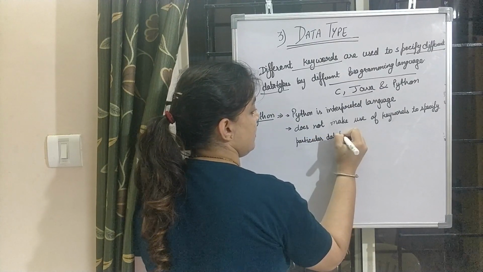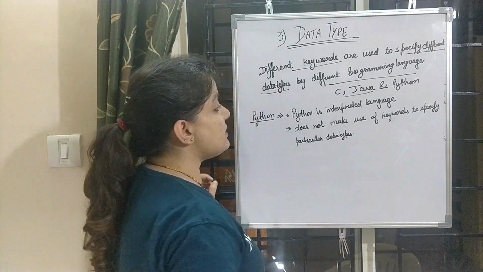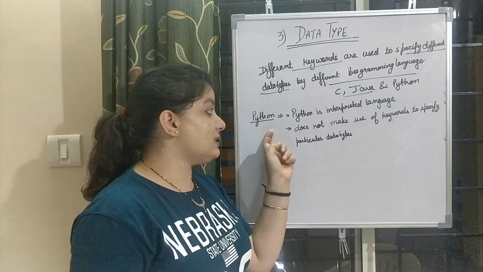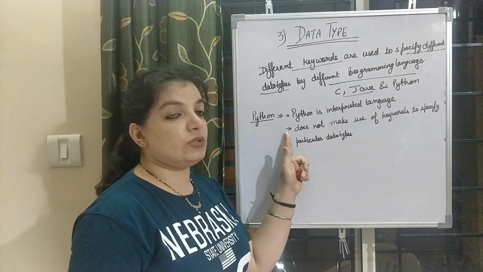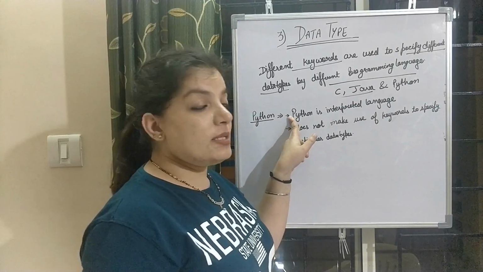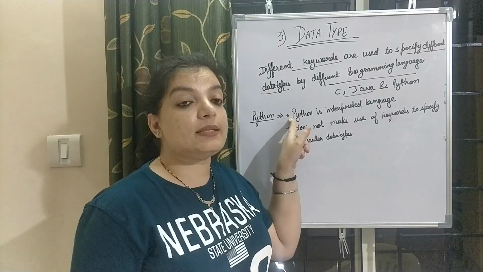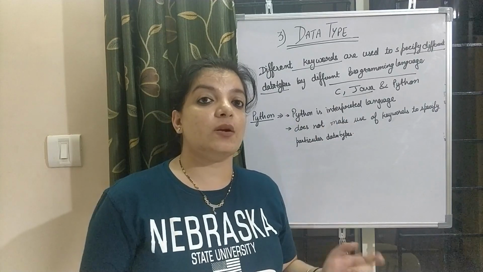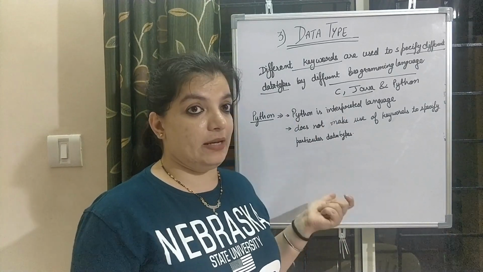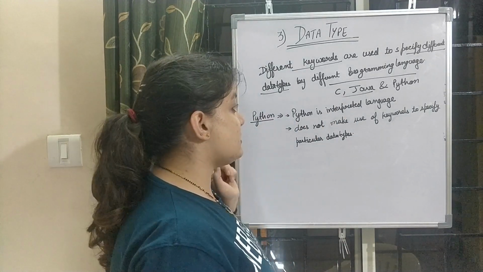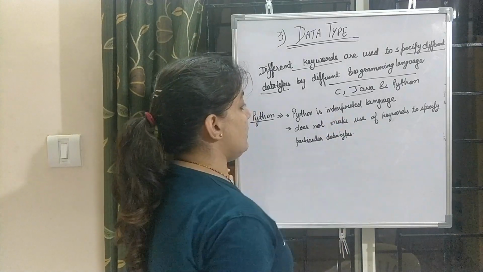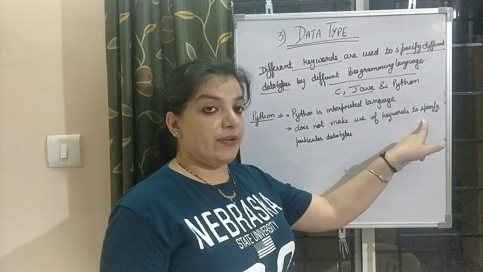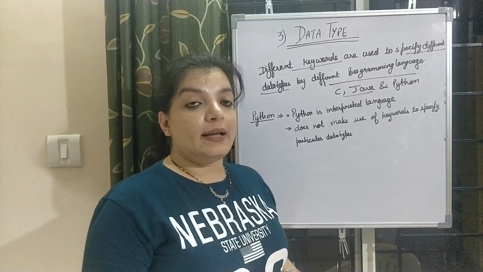Understand? So these are the two features that we have discussed, one in my previous video and this one in this video. One is related to data type and the other is related to syntax. What is related to syntax? Python is an interpreted programming language, so it does not require a semicolon at the end of the statement, the end of the instruction. And the second feature is that Python does not make use of any keyword to specify particular data types.